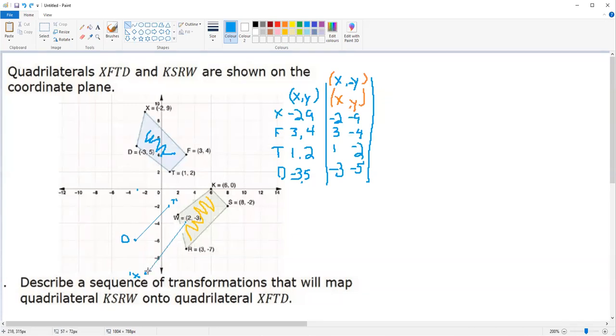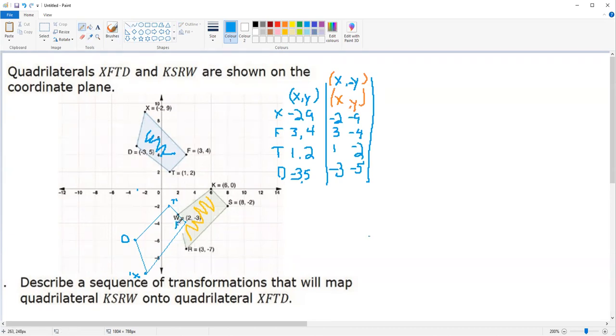It looked a little off. Now it looks a little better. Okay, and this is my F.